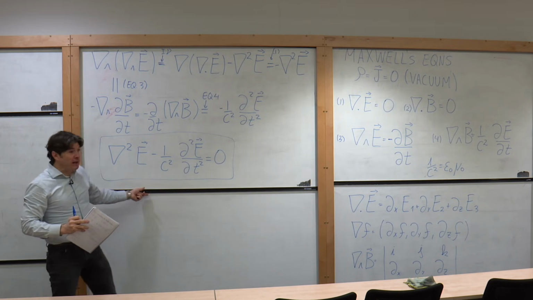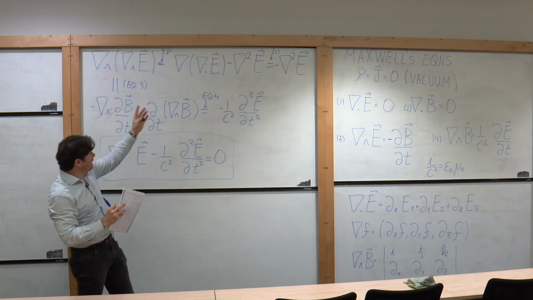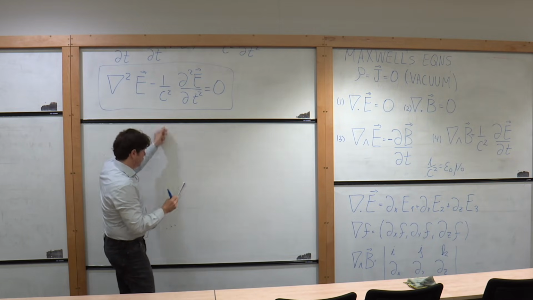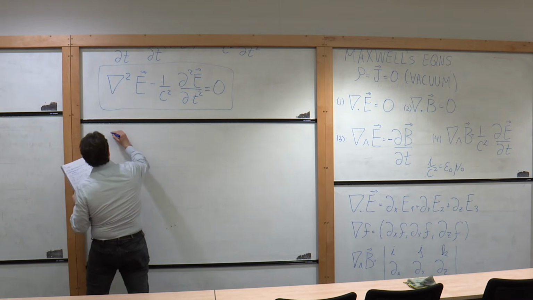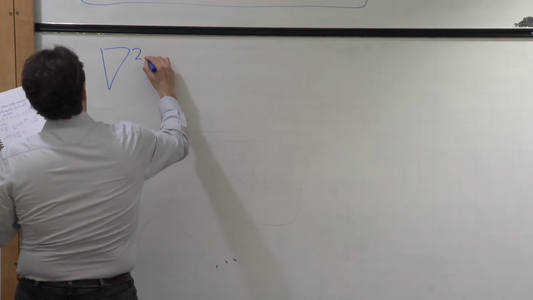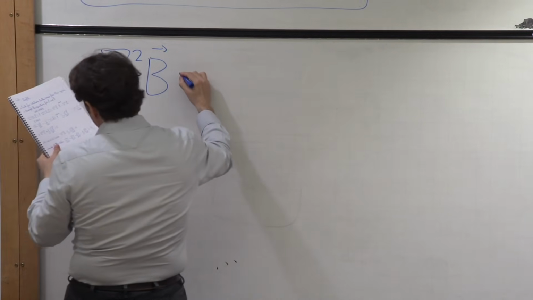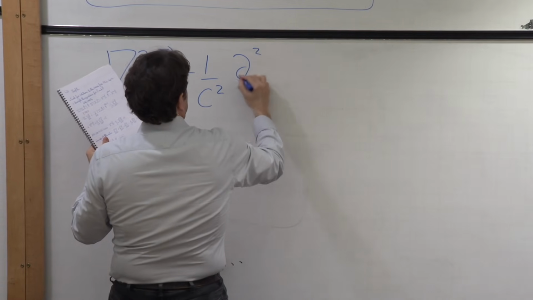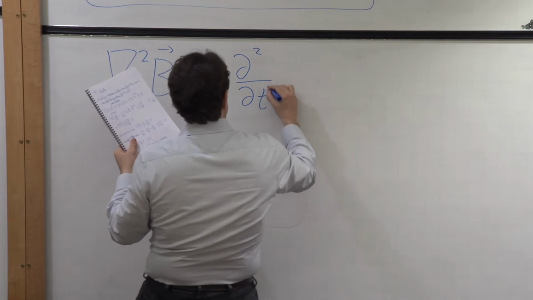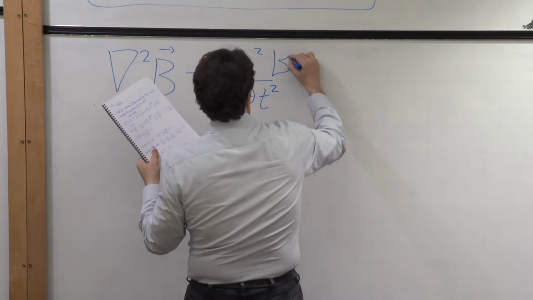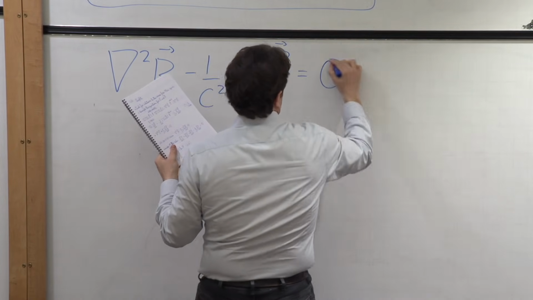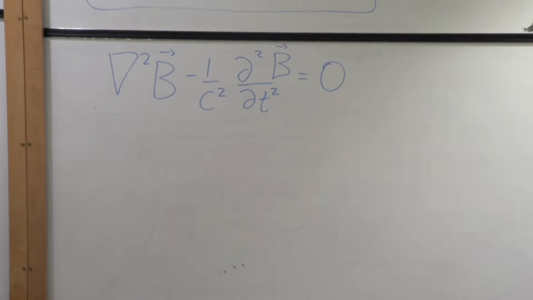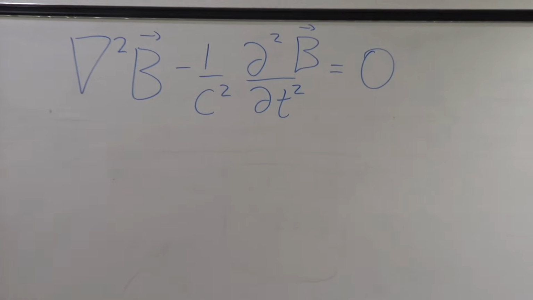You can believe me that if you do the same kind of tricks, you can also prove that the Laplacian of B minus 1 over c squared, the second derivative of B with respect to t, is equal to 0. We are not going to prove this, but you can prove it as an exercise. It's not a particularly hard exercise, but it is true. Okay?